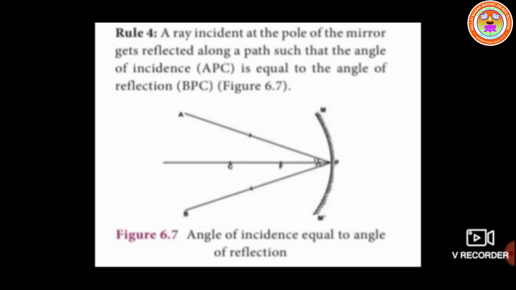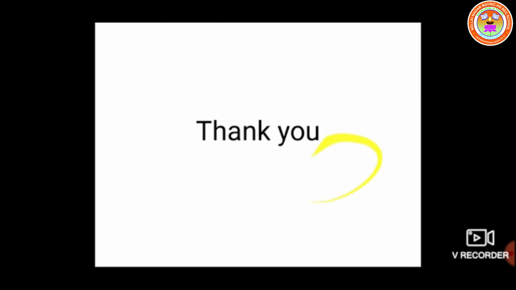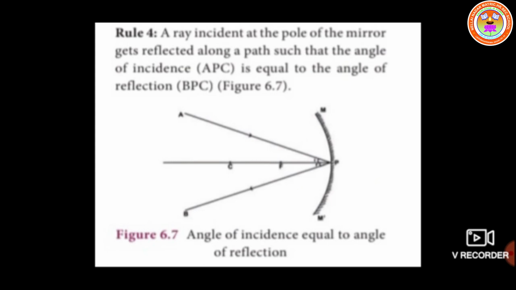Rule 4. A ray incident at the pole of the mirror. This is the pole. A ray incident at the pole of the mirror gets reflected along a path such that the angle of incidence APC is equal to the angle of reflection. Okay students?